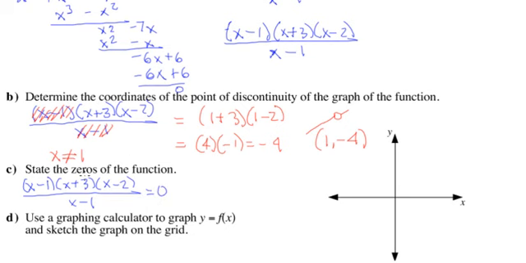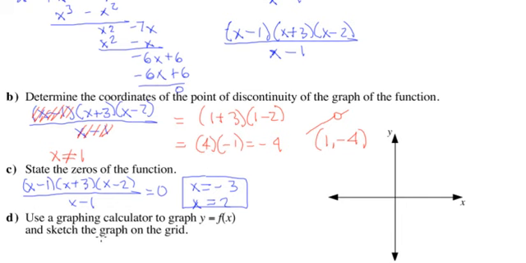So we can't really say there's a 0 when x equals 1 because the curve is undefined there. So that one's no good. But the other two give us zeros. We get x plus 3 equals 0, which would mean x equals negative 3. And we get x minus 2 equals 0, which would mean x equals 2. So those are the locations of the roots or x-intercepts or zeros of this curve.